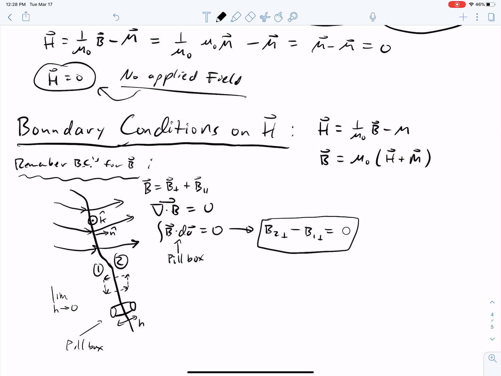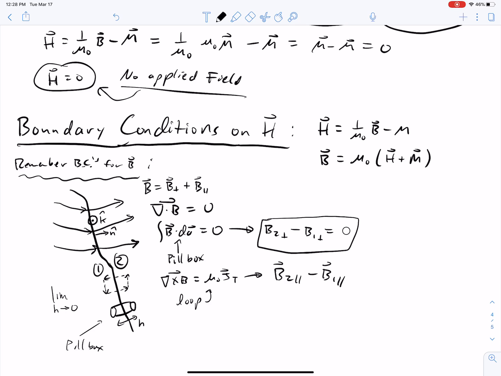So we see that the perpendicular component is continuous, but then to find the parallel component, we used del cross B is equal to mu naught J total. And so then we did the Amperian loop, and from the loop, this led us to B2 parallel minus B1 parallel.